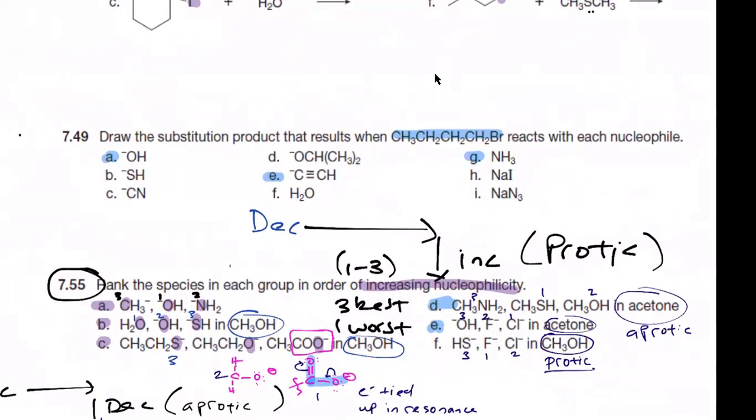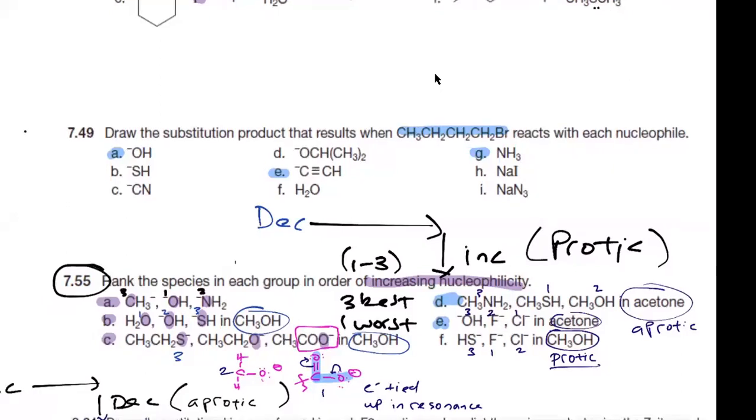If nobody wants to go, I can talk for another group. So for A, you basically just replace bromine with the nucleophile. So it'd be CH3, CH2, CH2, CH2, OH plus Br, and the Br has its lone pairs, and it becomes negative.